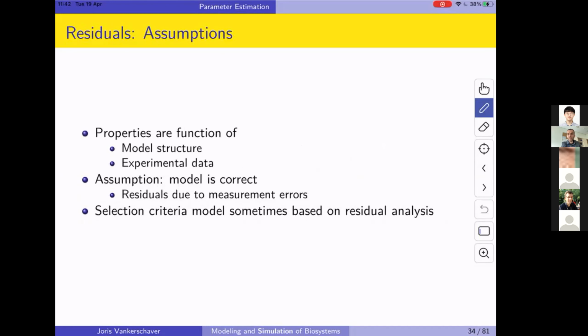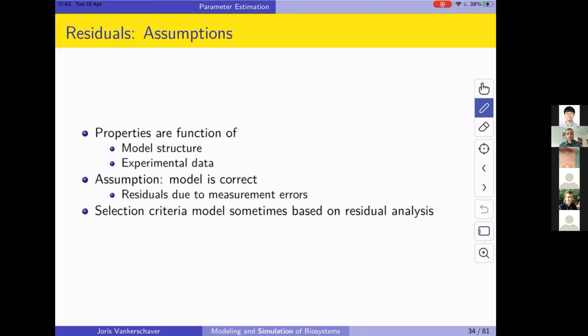Once we have all that, there's a little bit that we can say about the residuals as well. We're going to look at the residuals of our model to figure out whether we have a good fit or not. The residuals tell us something about the measurement error when we acquired our data.